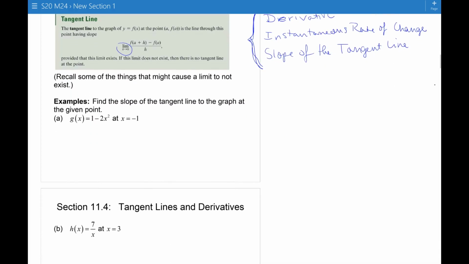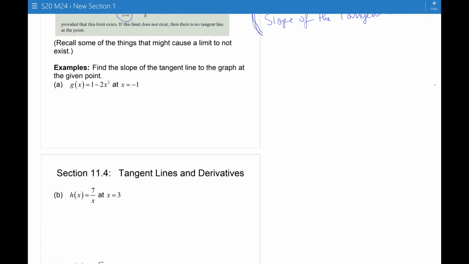So let's look at an example where we have: find the slope of the tangent line to the graph at this particular point. What we've been doing is saying let's use a because I think it's less confusing, and let's do f of a plus h. In this case it's g actually. So I'm going to have 1 minus 2 times a plus h quantity squared.